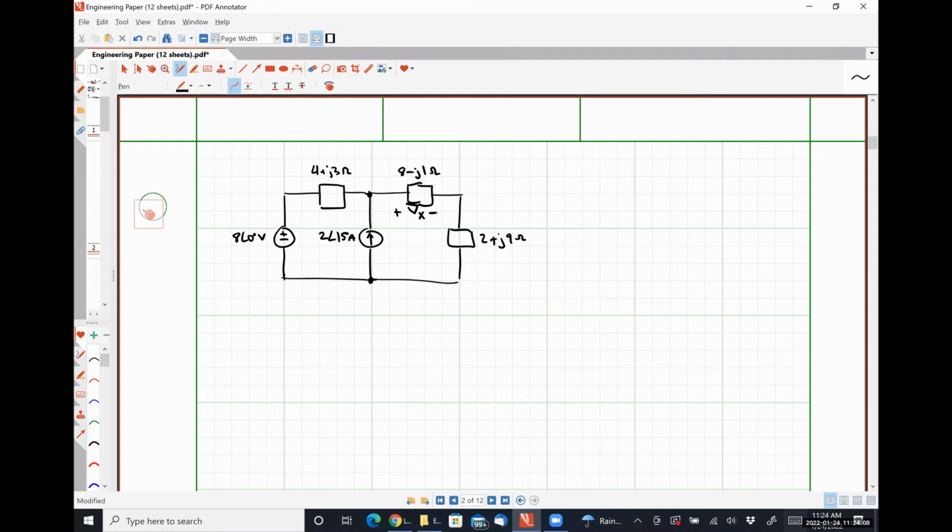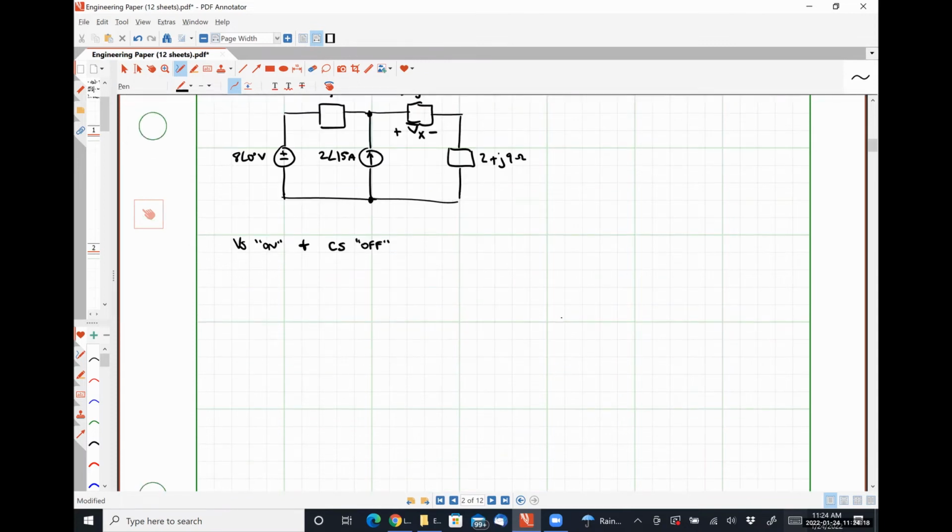So using superposition with the voltage source on and the current source off, we are going to have the following circuit. 8∠0 volts.